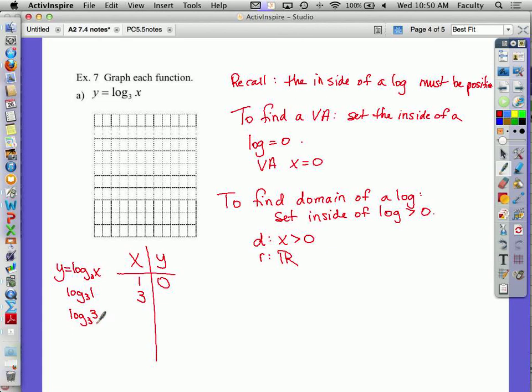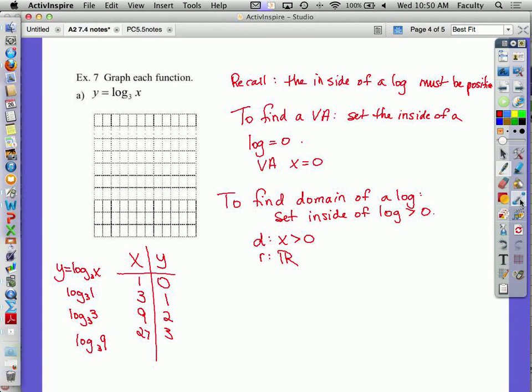What's that? 1. The next nice number is a 9. I'm looking for powers of the base, right? Because what's log 9 base 3? It's 2. What's the next nice number? 27, and the answer's 3.